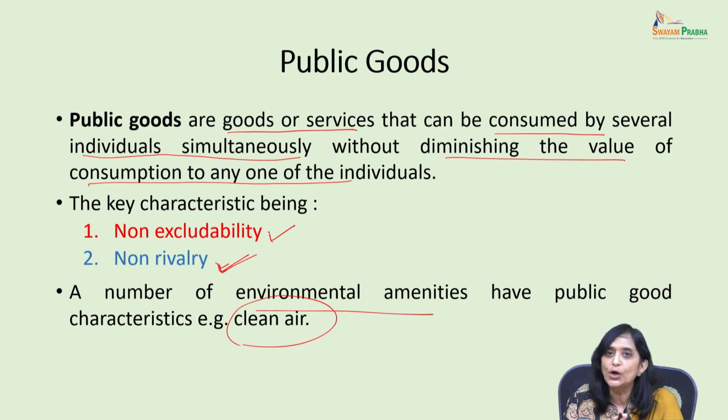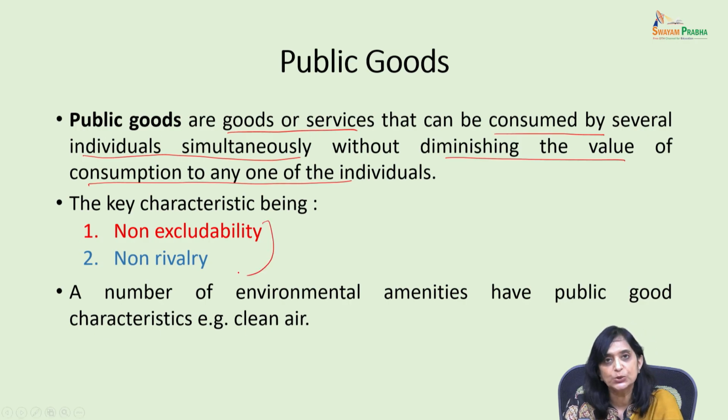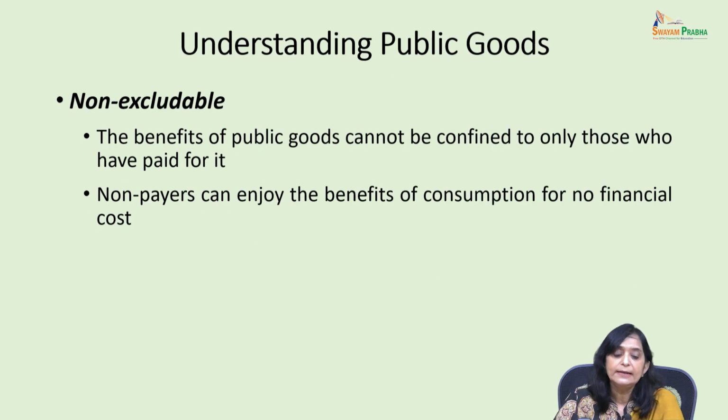Similarly, I cannot exclude the other citizens of my city from consuming this clean air. So, generally, the environmental amenities that we talk about have both these characteristics: they are non-excludable and non-rival. Again, I will further detail this concept of non-excludability for you.